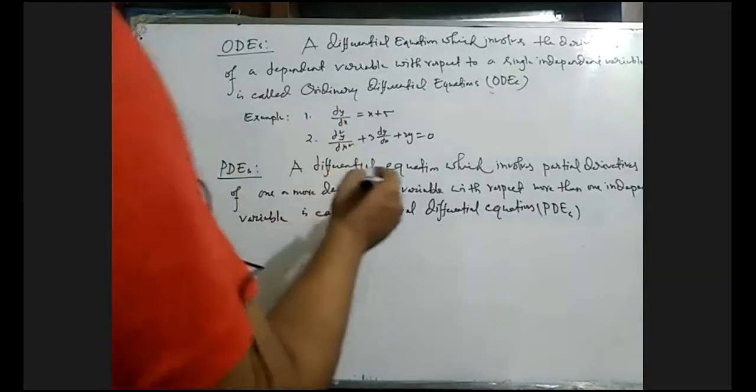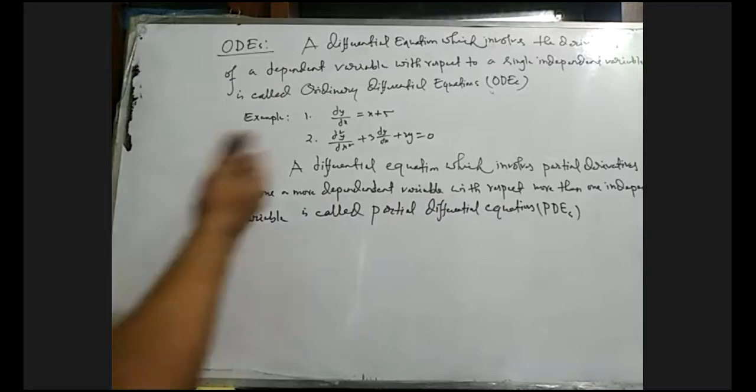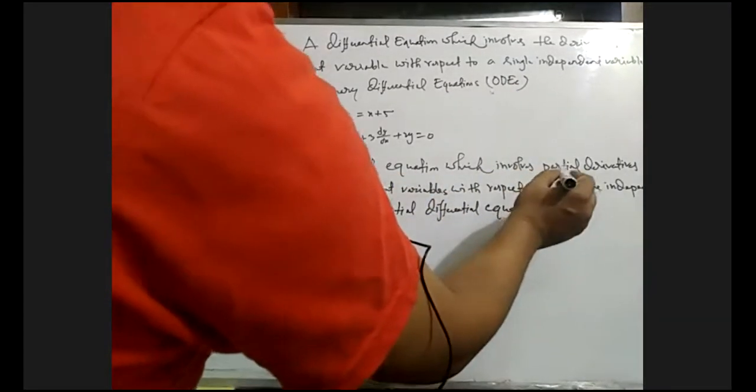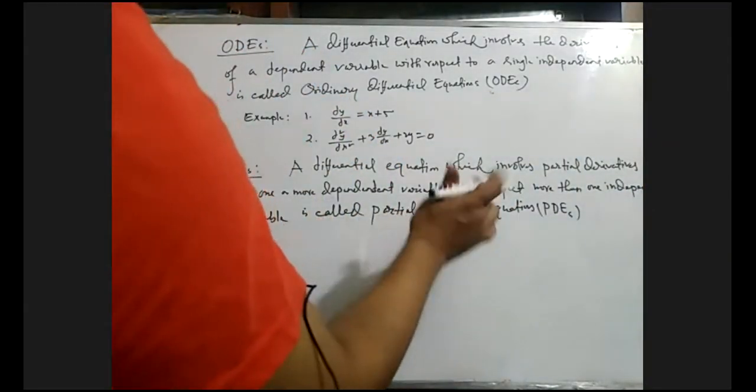That means the differential equation which involves partial derivatives of one or more dependent variables with respect to more than one independent variable is called a partial differential equation.